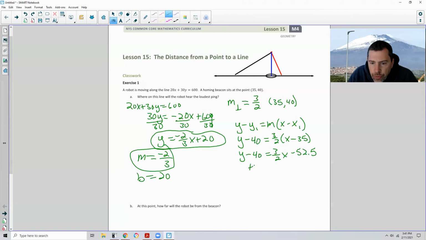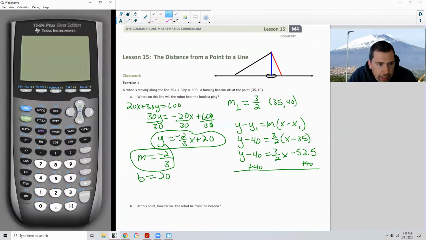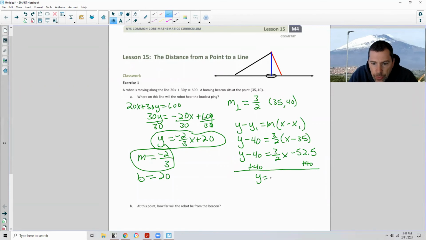And then I add 40 to both sides. Let me check my math real quickly on this, 3/2 of 35, just so I'm not going back and fixing. So 3/2 times 35 is 52.5. Okay, so then we get y equals 3/2 x minus 12.5. There's the equation of the perpendicular line.